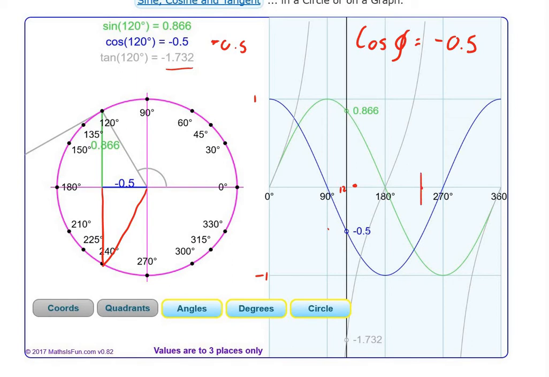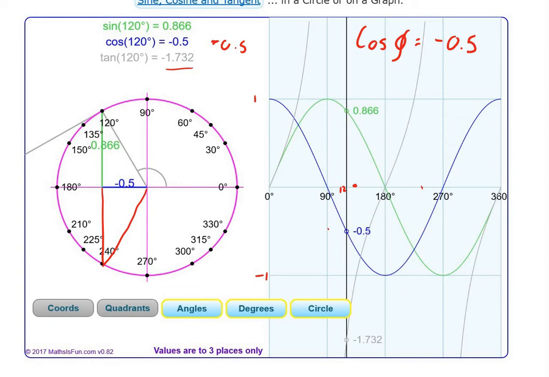If I drew a line down at 240 degrees, look where it would hit. Minus 0.5 again. That's why, remember in all those questions we were doing earlier on with the unit circle, we were generally getting two answers. That's why.